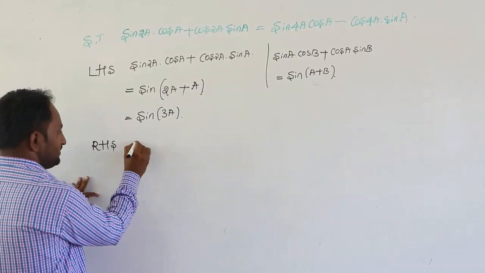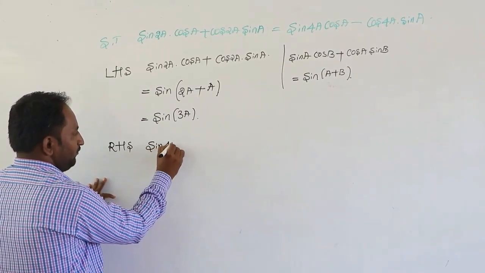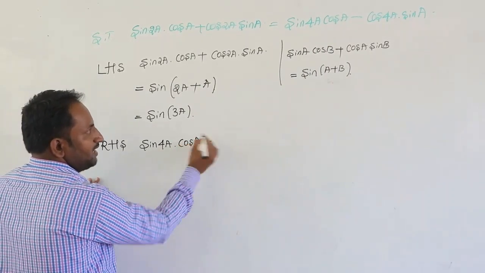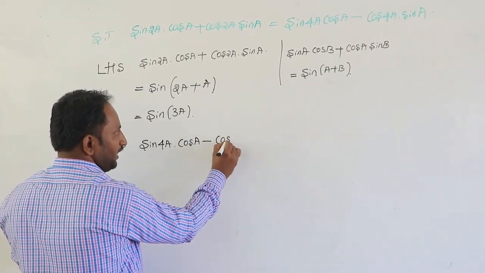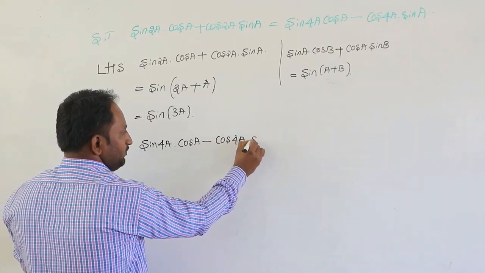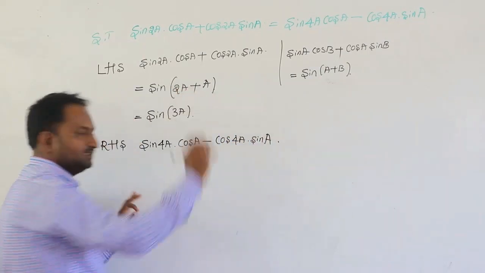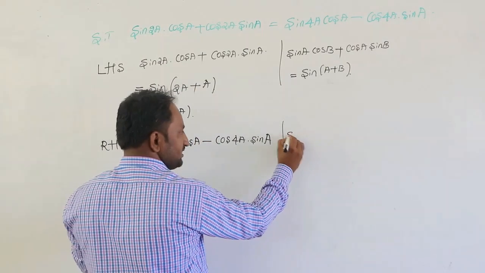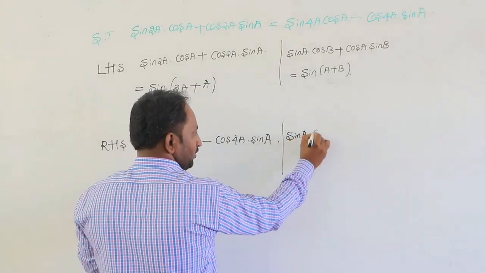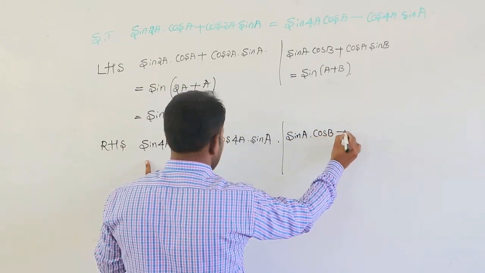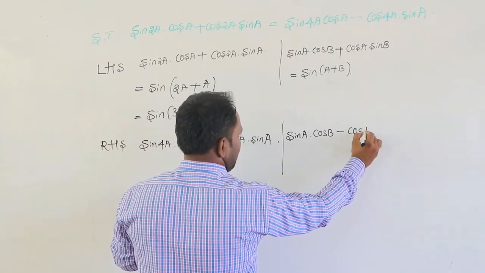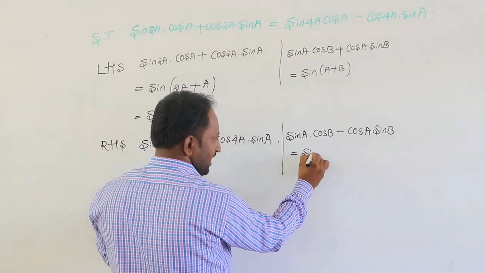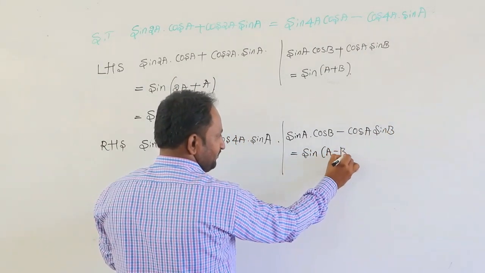RHS: sin of 4a into cos a minus cos of 4a into sin a. This also belongs to a standard result, sin a cos b minus cos a sin b, whose value is sin of a minus b.